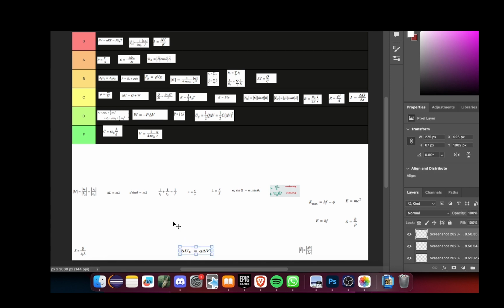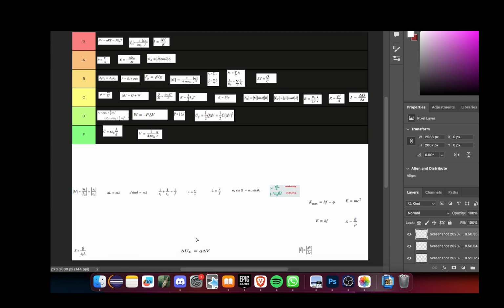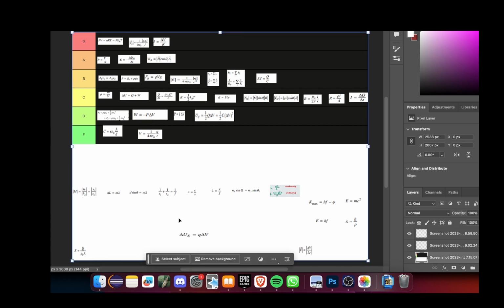Now we have a couple equations that use potential that we didn't cover, but that do relate to electrostatics, where the internal energy is equal to the charge times the change in potential. What do you think about this one? Internal energy equals charge times change of potential. I don't really remember when we used it.